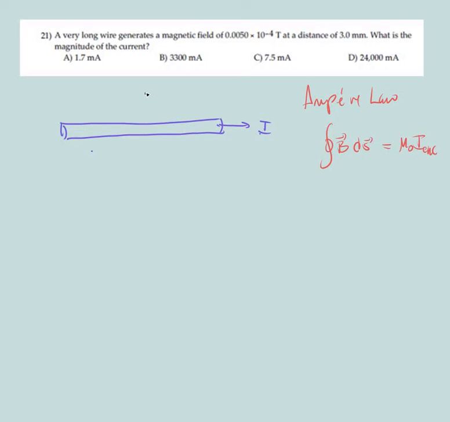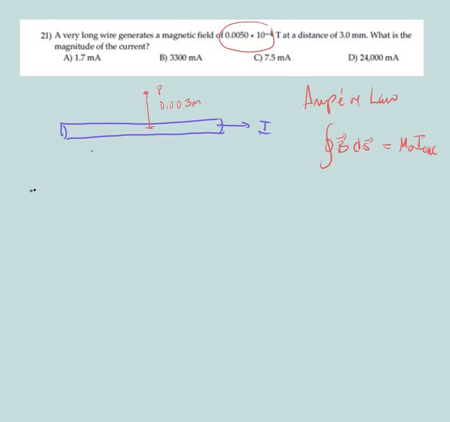We actually want to know how much the current is, if we know that at a point P from the wire, the intensity of the magnetic field is 0.005 times 10 to the minus 4 Tesla, measured. And we know that the distance from the center of the wire to the point P is 0.003 meters. This is 3 millimeters.